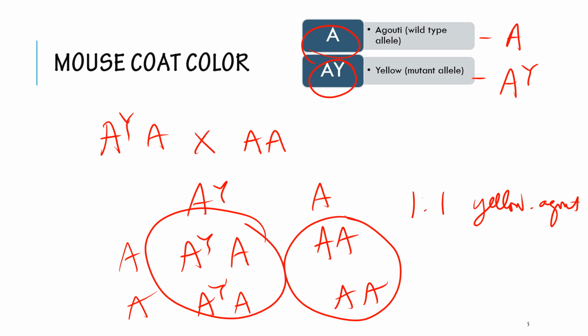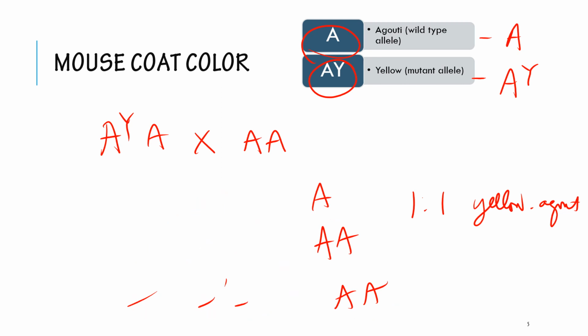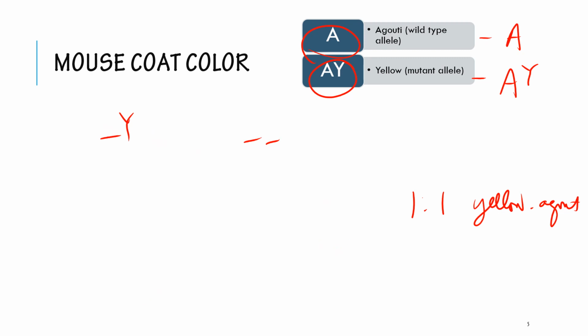So this indicates that yellow is dominant over brown.